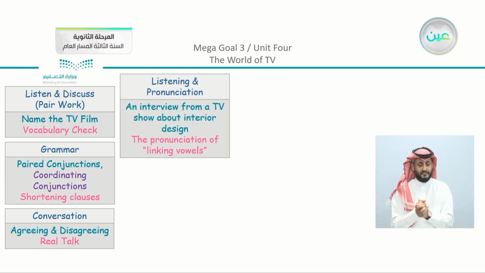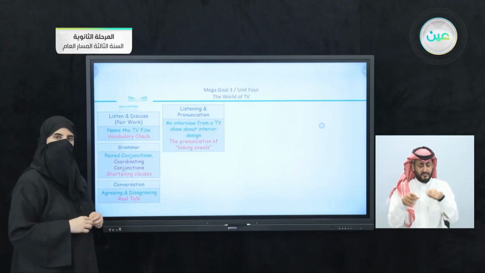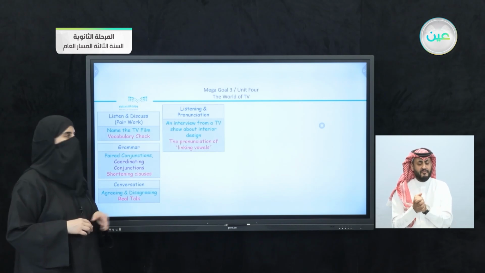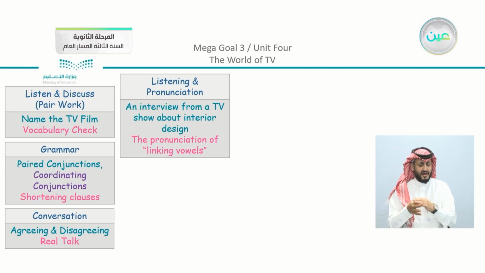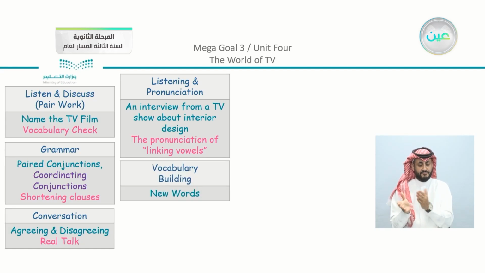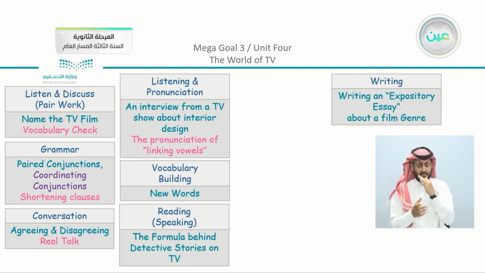The listening and pronunciation was an interview from a TV show about interior design, if you recall. And we had the pronunciation part about linking vowels. We studied also new vocabulary and the vocabulary building. We had the reading, which was about the formula behind detective stories on TV. And also we had the speaking part as well.